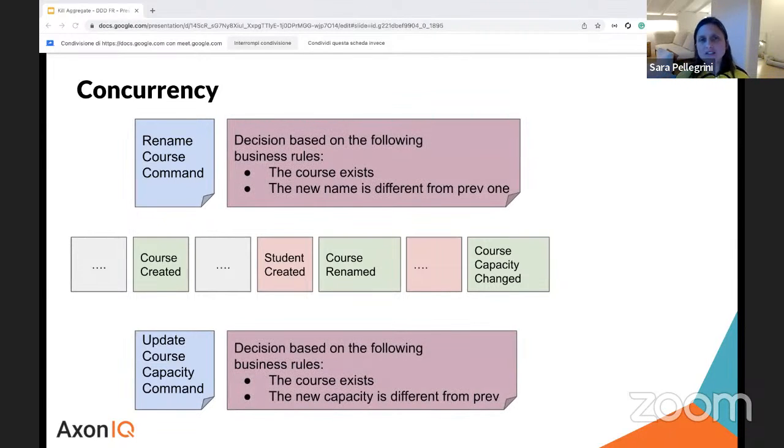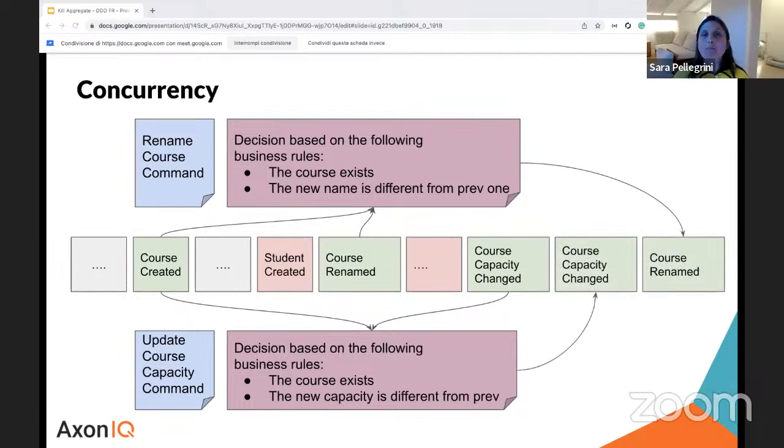Our instinct immediately tells us that there can be no conflict between these two operations, since they act on unrelated data. The two decision blocks can simultaneously load their respective event streams, they can rebuild their respective state models, and finally, they can publish their respective events. So far, so good, simple.